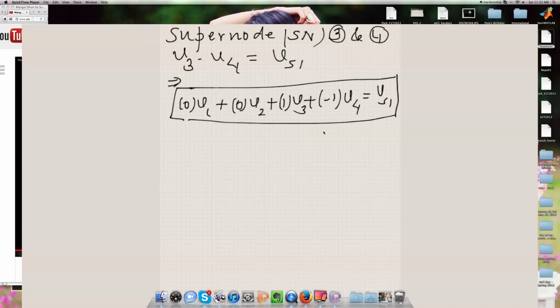So finally, the 4th box will be had if we consider the supernode again and apply KCL.